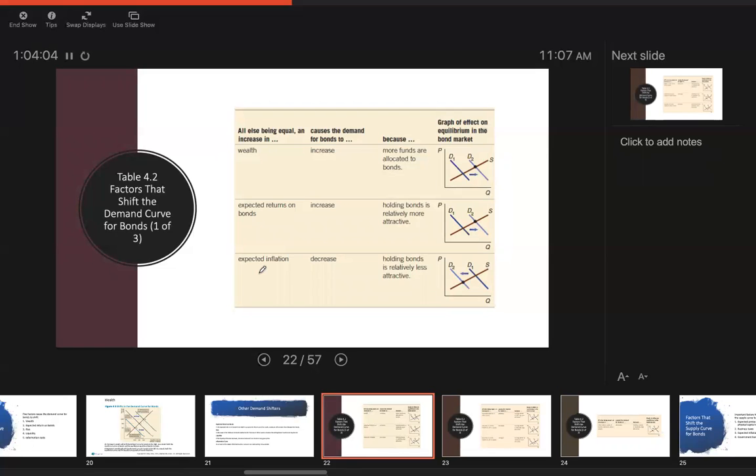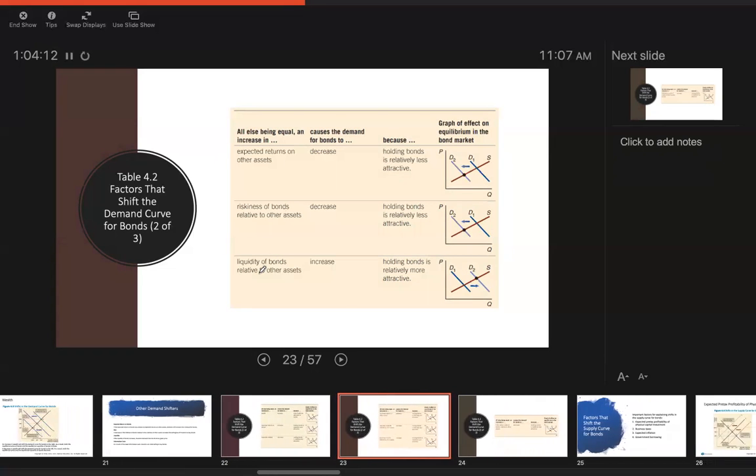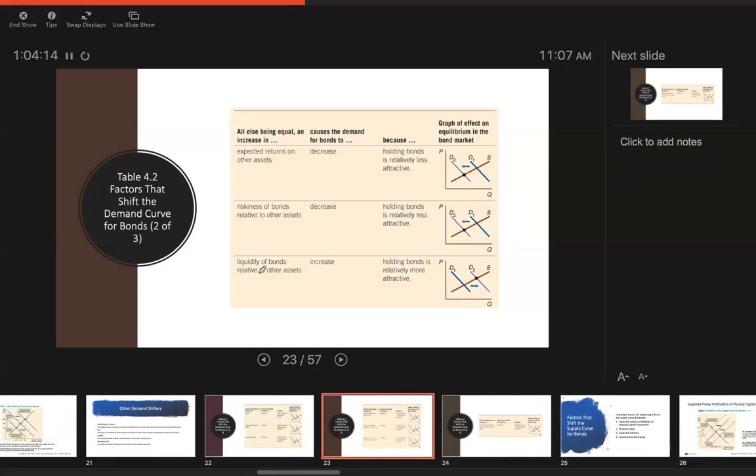Increase in expected inflation lowers the real return that you get on these bonds, so they become less attractive, and there's a leftward shift in the demand curve. If the expected returns on other assets go up, bonds become less attractive, so the demand curve shifts left. Riskiness of bonds goes up, again bonds become less attractive. That is represented by a leftward shift in the demand curve. The liquidity of bonds goes up, that makes bonds more attractive.